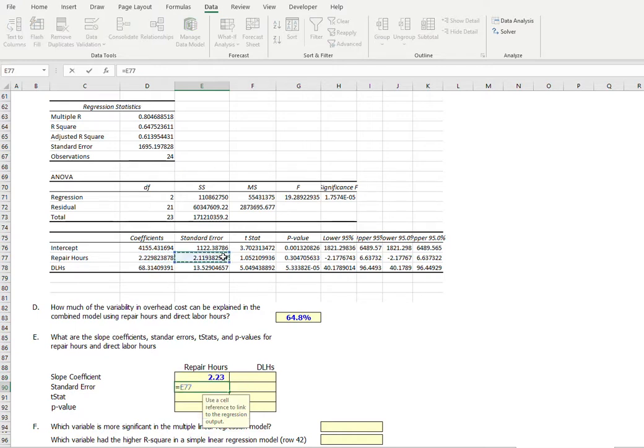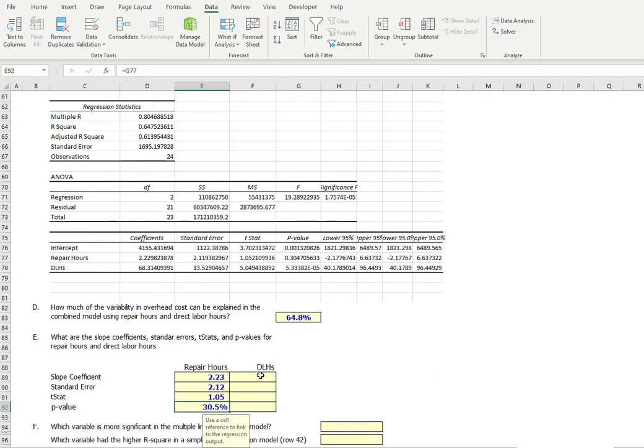That's 2.12, and we could calculate the t-stat, recall, by taking our slope coefficient and dividing it by our standard error, 1.05, or we can pick it up directly using a cell reference. And our p-value is 30.5%. And we'll talk about that 30.5% in a minute.